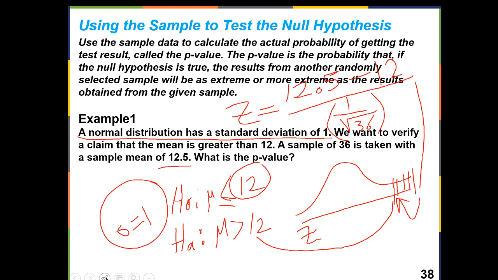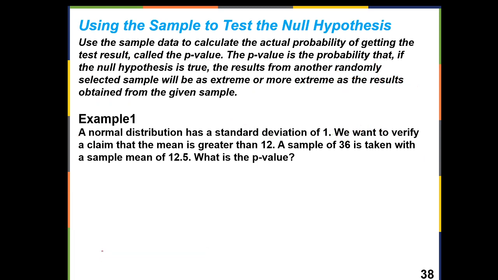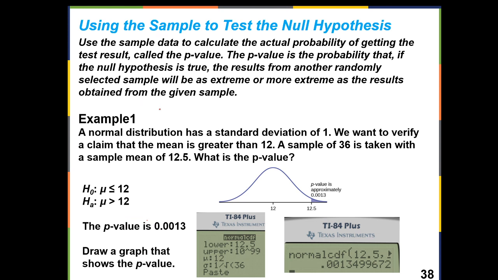Now what is that value? Again, we use normal CDF, right? So we're going to do normal CDF and find it. Now we could do it just on the original x bars. The reason we convert is because for the t distribution, we don't have this luxury of working with the original x bars.